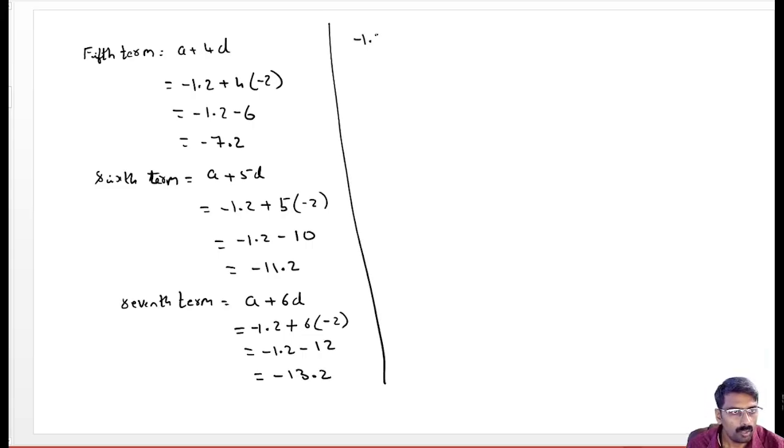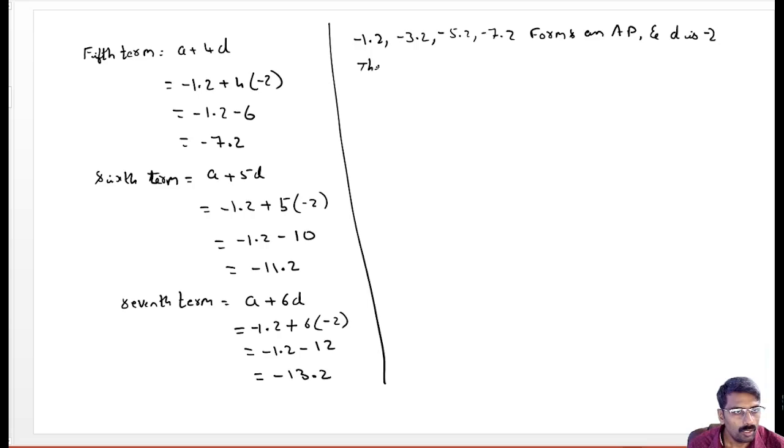Minus 1.2 comma minus 3.2 comma minus 5.2 comma minus 7.2 forms an AP, and common difference D is minus 2.